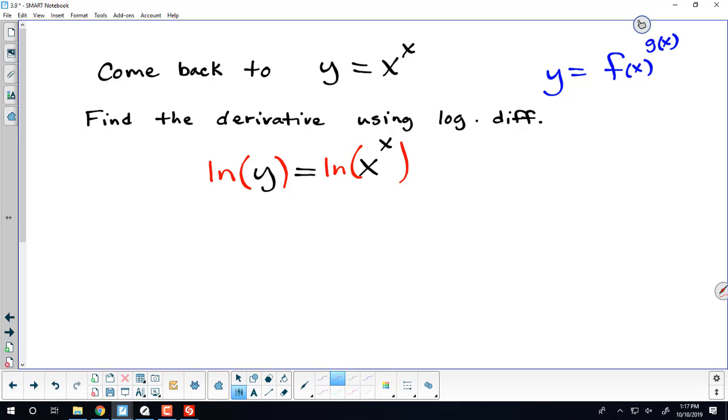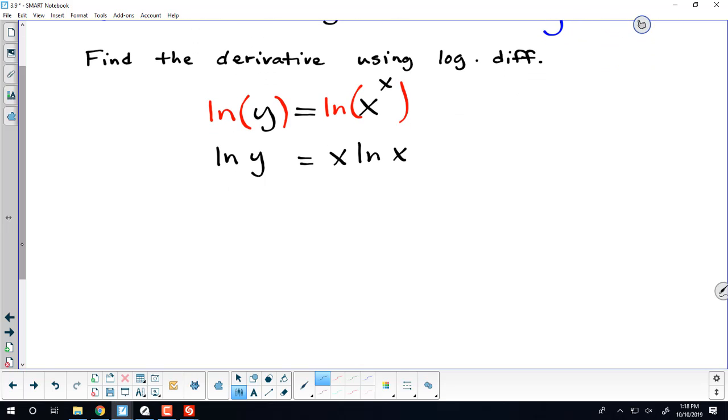Otherwise, you're really not doing yourself any good by using the process of logarithmic differentiation. So we simplify the right-hand side by bringing the power of x out front. And we've only just algebraically simplified that, so that's still equivalent to the natural log of y. So once you've completed the simplifying in terms of properties of logarithms, then that's when you differentiate both sides of your equation.